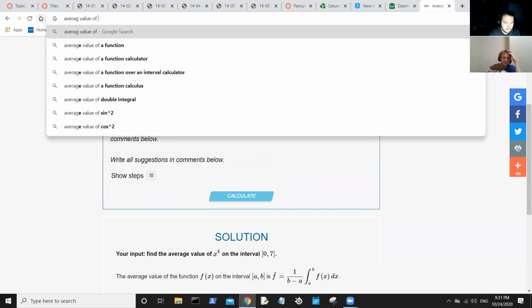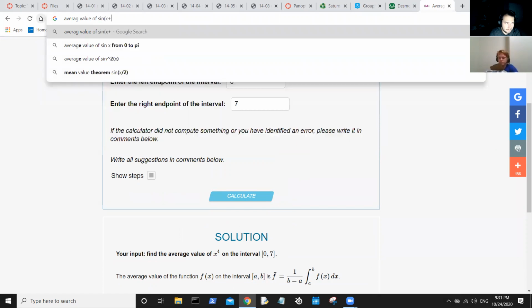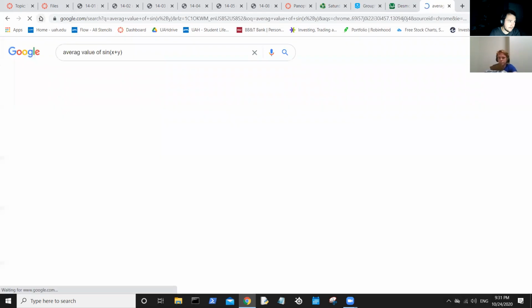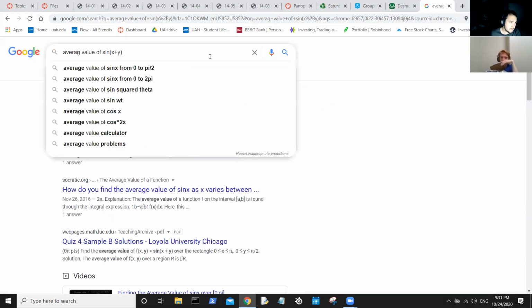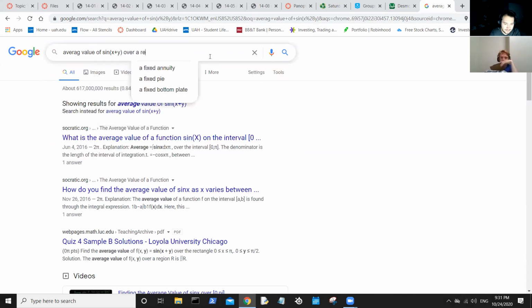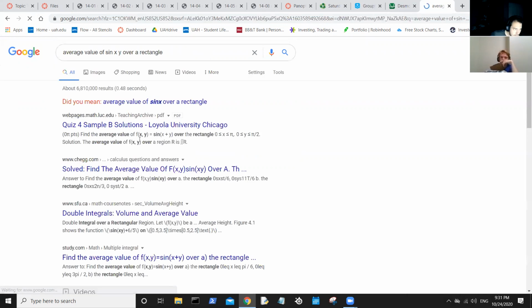That's like baby numbers. Average value of sine of x plus y over a rectangle. What are we in, 14.3? Yeah, 14.3.